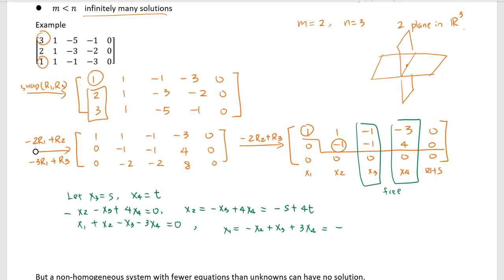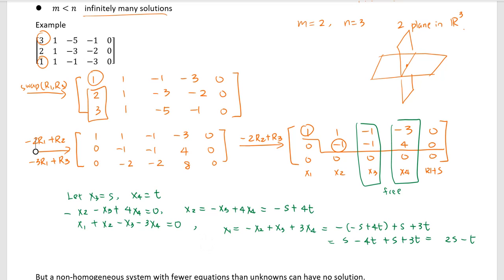Well, x2 is negative s plus 4t, x3 is s, x4 is t. So we have s minus 4t plus s plus 3t. Well, we get 2s minus t.